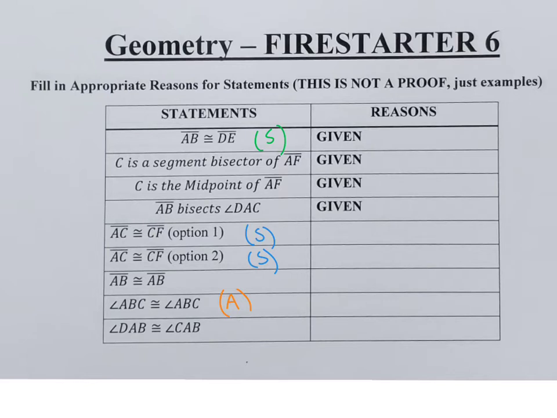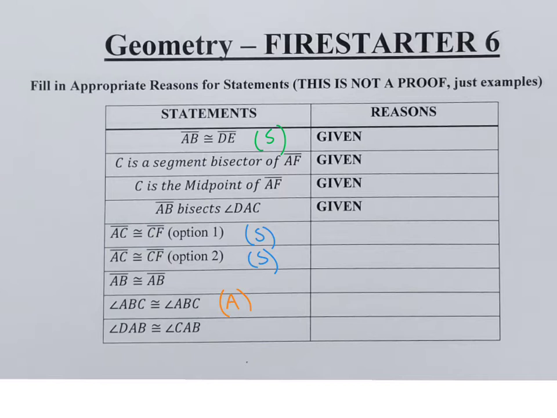Now the other type of information that you may see is like this next one right here. AB is congruent to AB. That should be a big red flag. I see something congruent to itself. Sometimes you see AB is congruent to BA, that's how they write it. But either way, it's the same thing. I try to think of it as looking in the mirror, like a reflection.